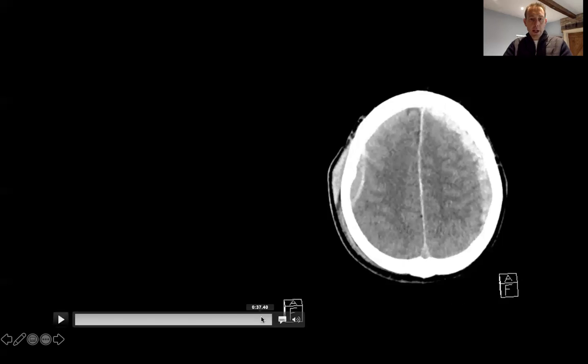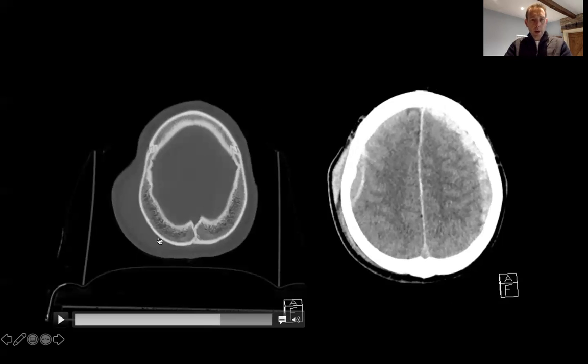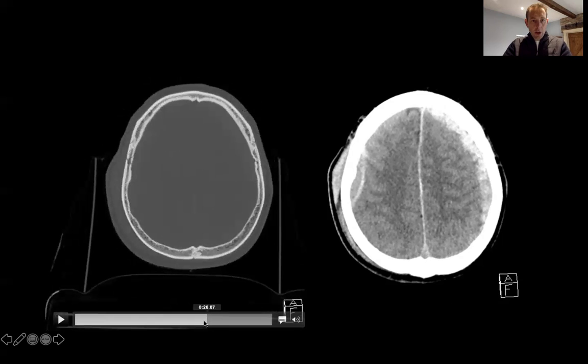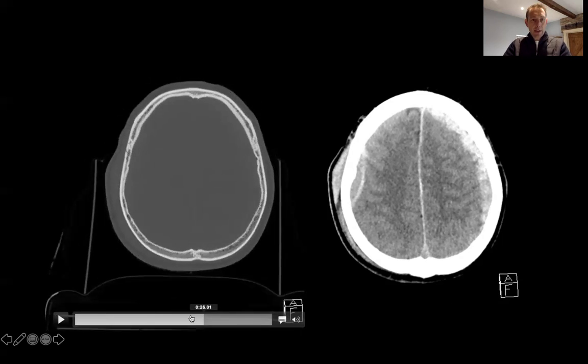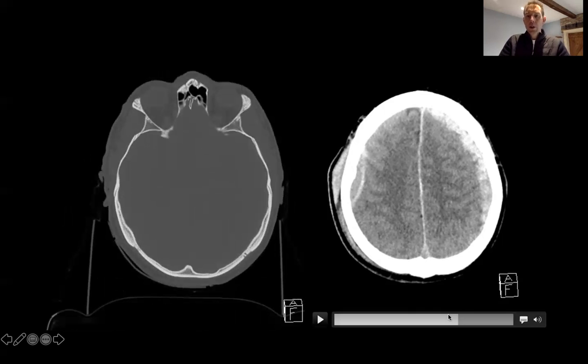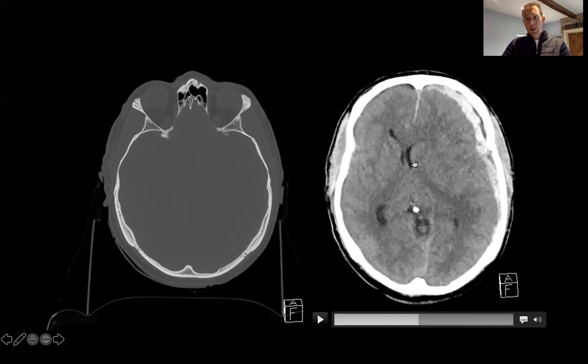So here we've got a case, as I've just scrolled through, where there's soft tissue injury over the right parietal bone. And you can see this linear fracture going through the parietal bone, going down into the squamous temporal bone. Now, when you first look at the brain windows, the thing that you notice most is the mass effect. I think you see the left to right shift due to this large left-sided subdural collection of hematoma.